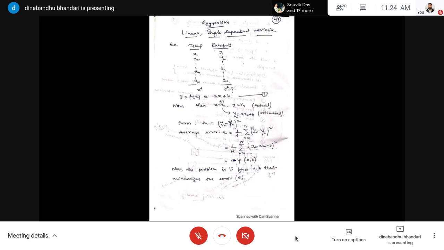Now you may argue, who said that this is linear? Yes, it may not be linear. It may be a quadratic, ax square plus bx plus c, or a cubic function, or maybe a sinusoidal, or an exponential, or a combination of those, or several others. But let us assume first it is linear, then I will go for the non-linear regression, where I will try to explain.